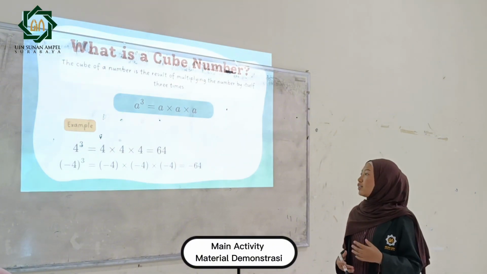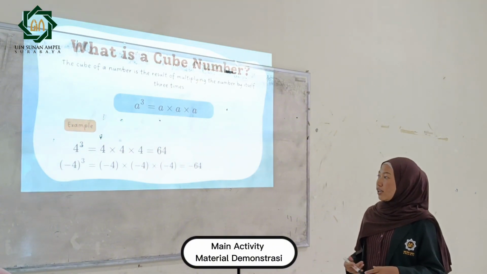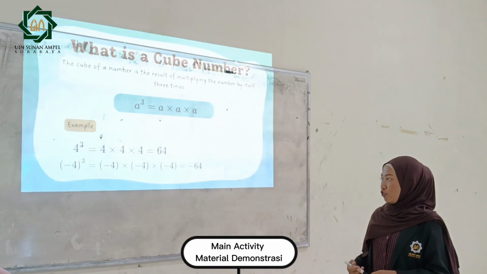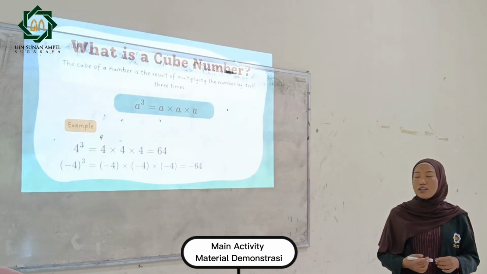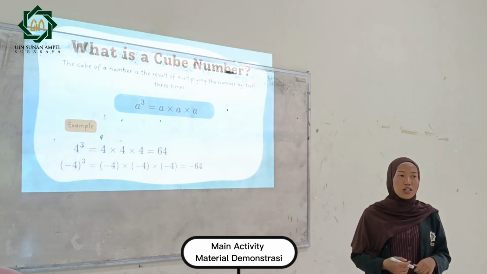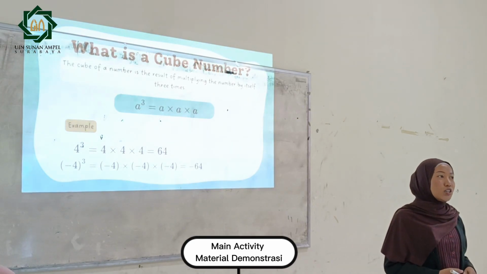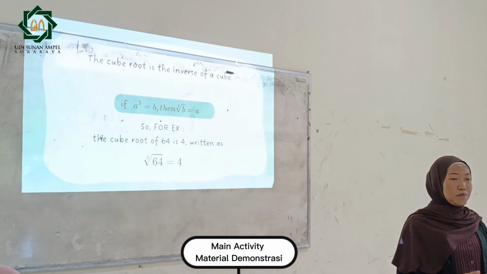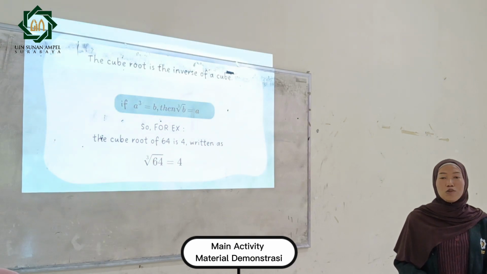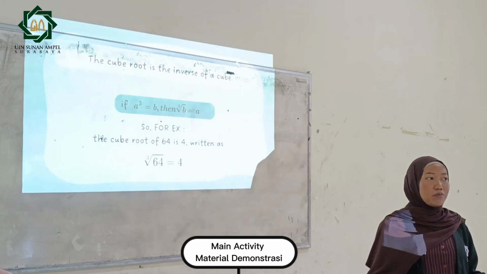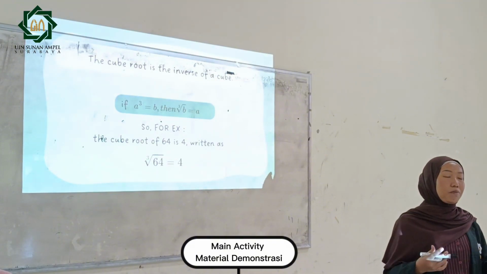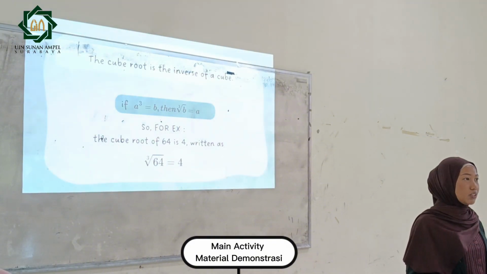If we have a negative number, like negative 4 cubed, it equals negative 4 times negative 4 times negative 4 equals negative 64. Be careful, when the base is negative, the cube will also be negative. So remember, a cube number means a number multiplied by itself 3 times.